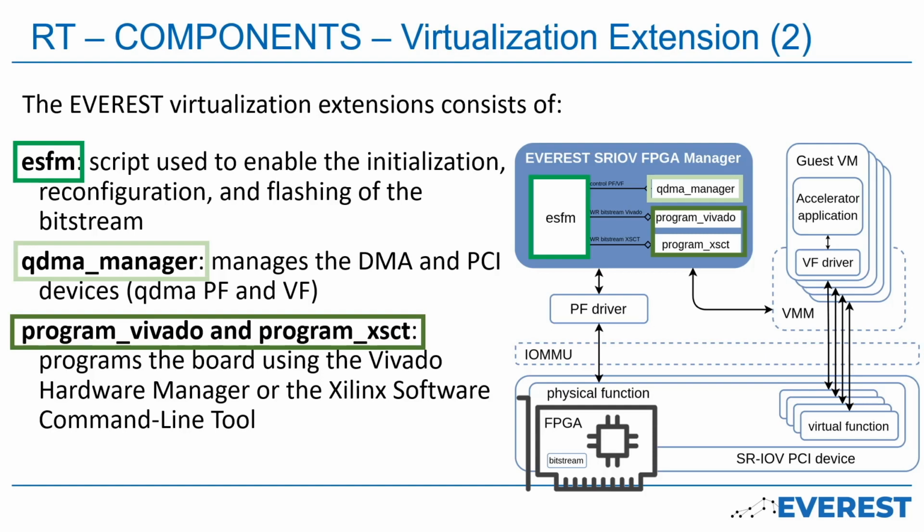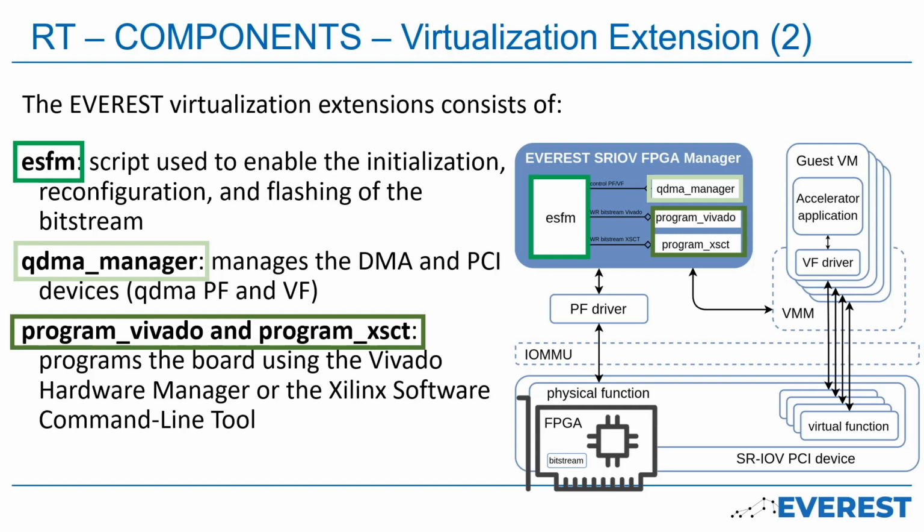It can reconfigure the virtual functions number and eventually flash a new bitstream. Then there is the QDMA manager, which is a utility program used by ESFM to take care of the pass-through and SRIOV requirements. In the end, there are program Vivado and program XSCT, which are TCL scripts used by ESFM to flash the bitstream.